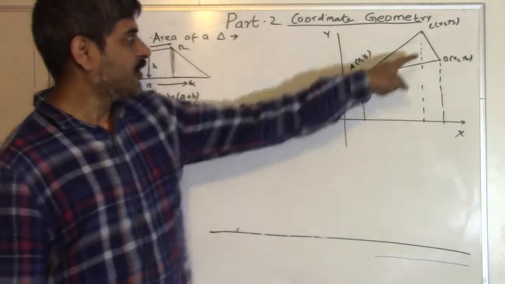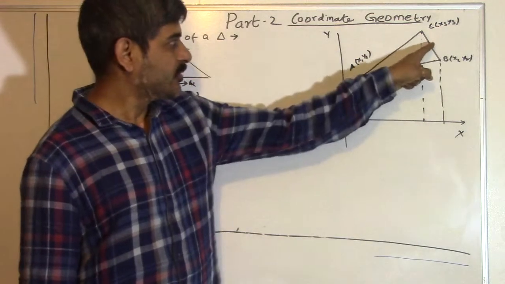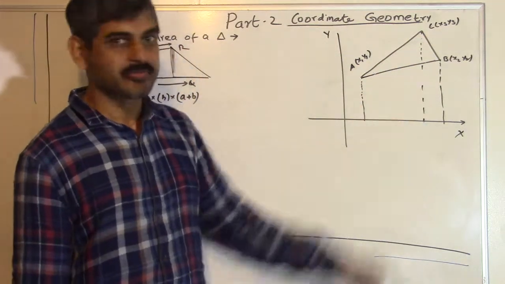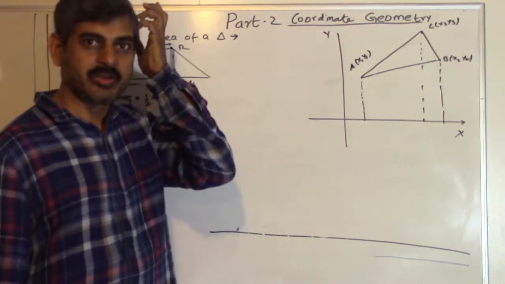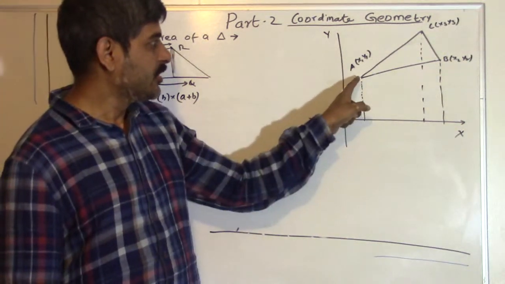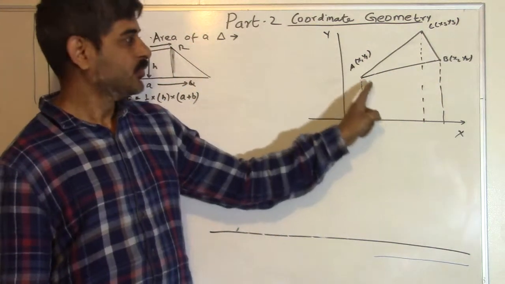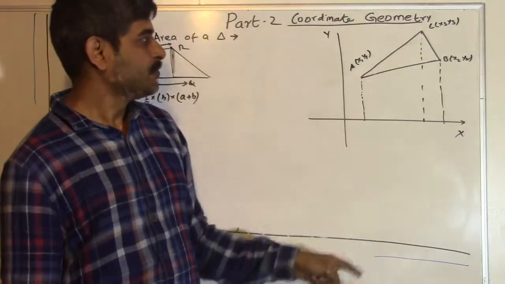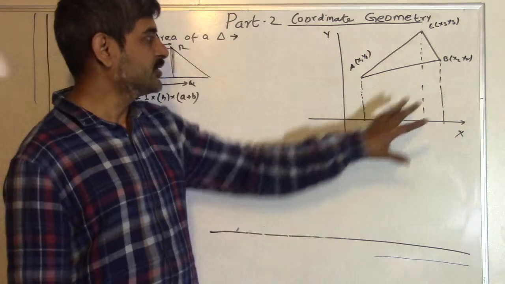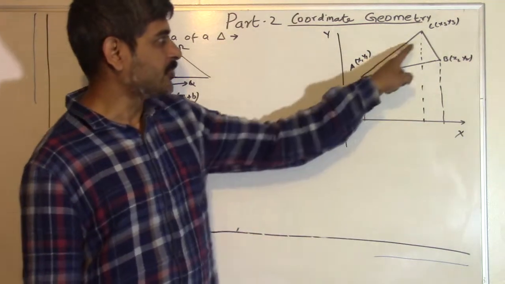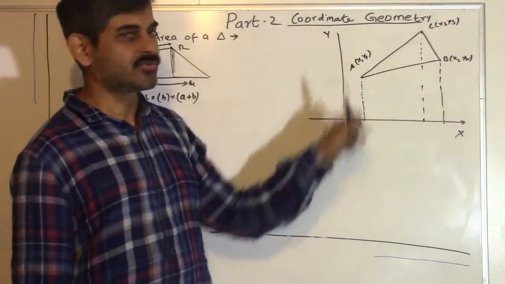So we should be able to find the area of this trapezoid, and the area of this trapezoid. And from here, this part is another, third trapezoid, because these two lines are parallel. So we can find the area of this whole trapezoid, and subtract it from the sum of this area and this area. That will give us the area of this triangle.